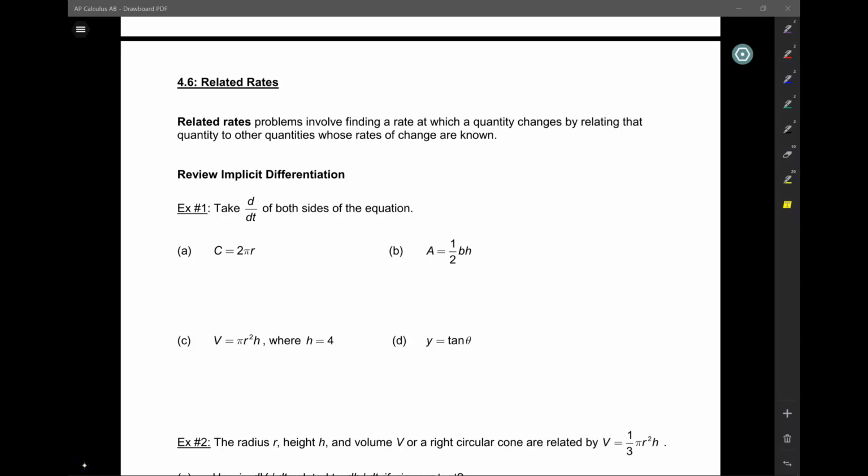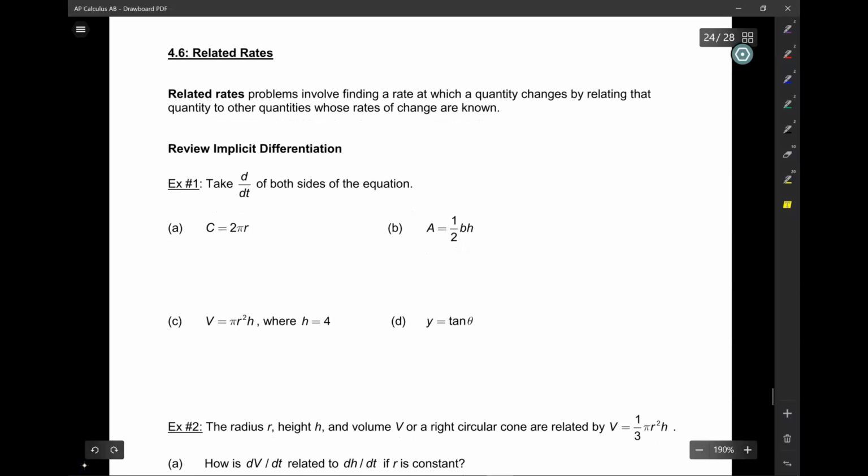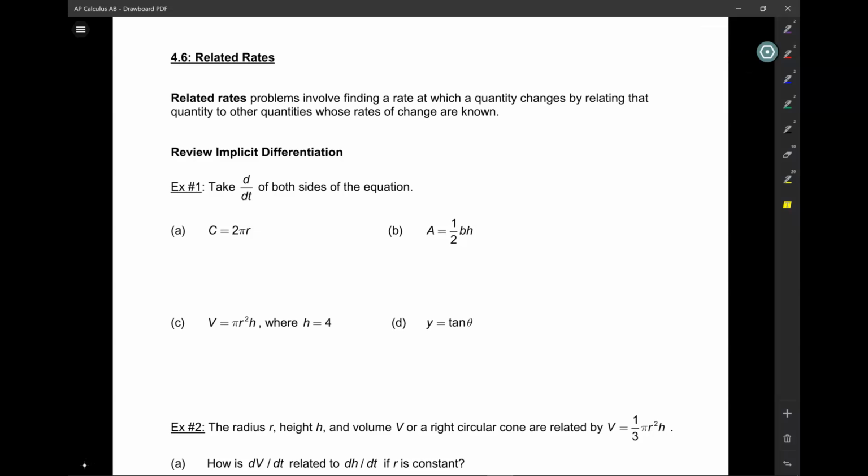So we talked about optimization, and in optimization, basically we were looking at how to maximize or minimize a certain quantity. Related rates are a different class of problems, which involves finding a rate when two things are changing.